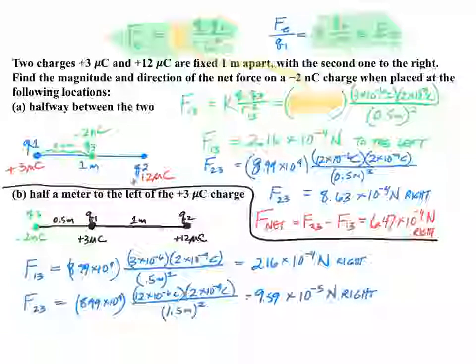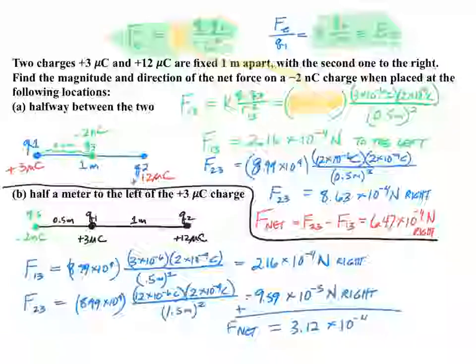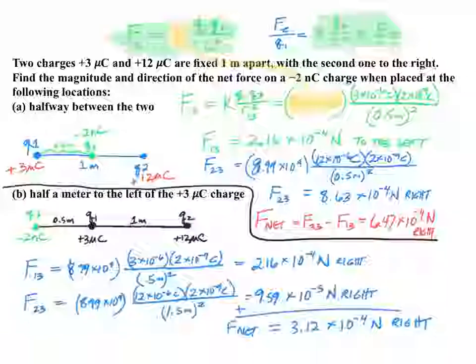So it ends up being a smaller amount of force, even though that charge interaction is bigger. And so really all we got to do now is sum these two. If you add them, the net force is 3.12 times 10 to the minus fourth newtons going to the right.